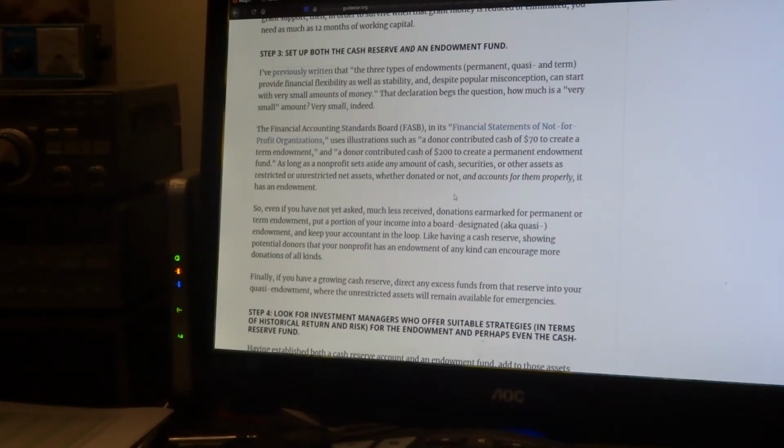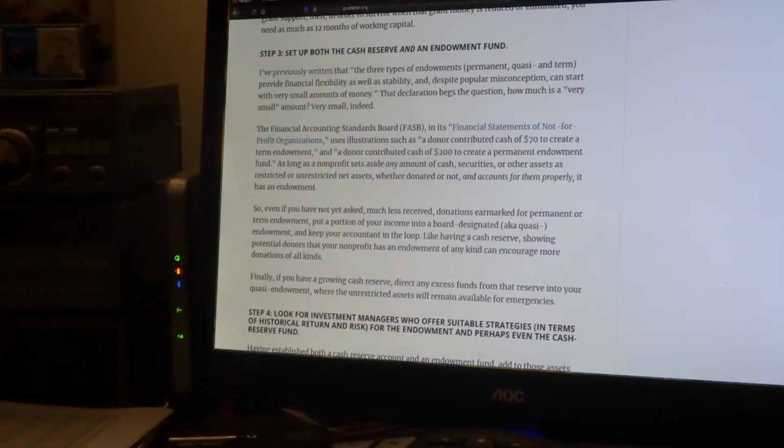So even if you have not yet asked, much less received, donations earmarked for permanent or term endowment, put a portion of your income into a board-designated, aka quasi-endowment, and keep your accountant in the loop. Like having a cash reserve, showing potential donors that your nonprofit has an endowment of any kind can encourage more donations of all kinds.